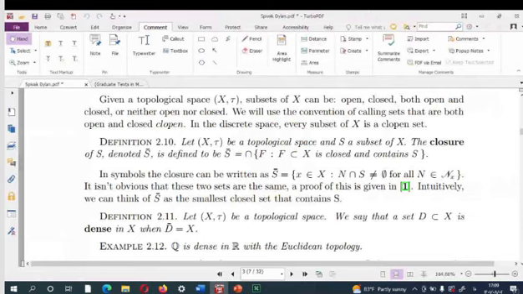And in symbols, the closure can be written as this: S bar equals the set of all x such that the intersection of N and S is non-empty for all N in N of x.